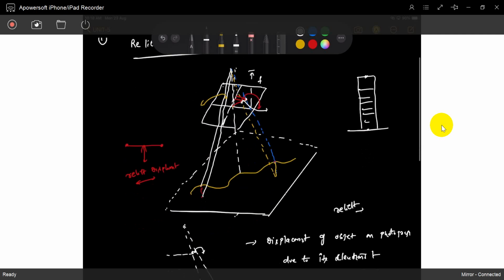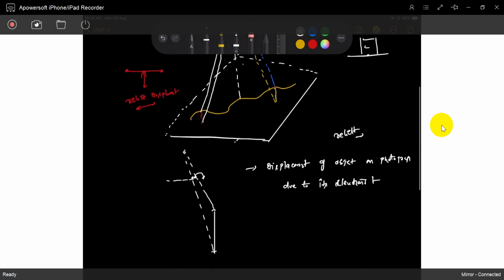Okay, so see, the projection will come like this, that's why top and bottom have different locations on the photograph. So what is that relief displacement? If you know the relief displacement, then only you can have an idea of the exact elevations of points.